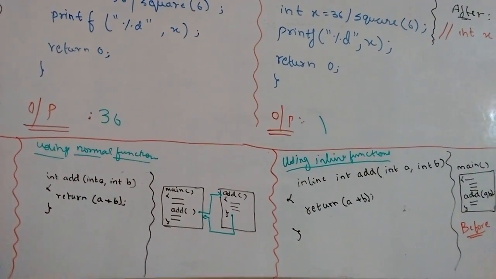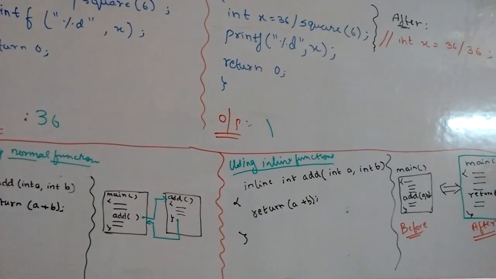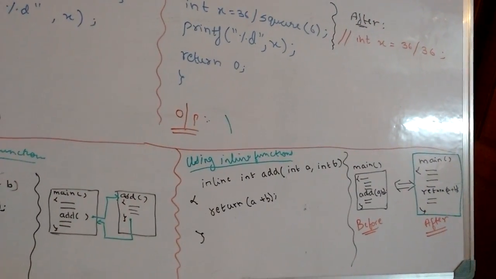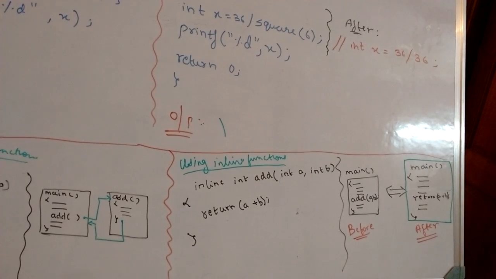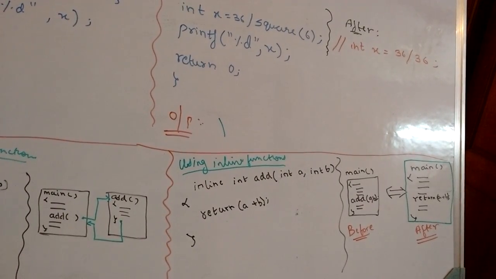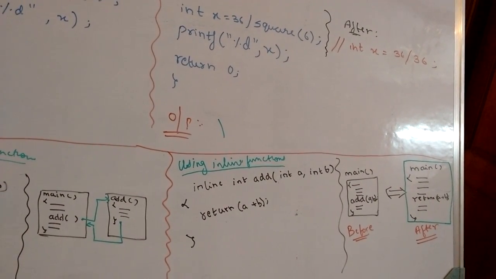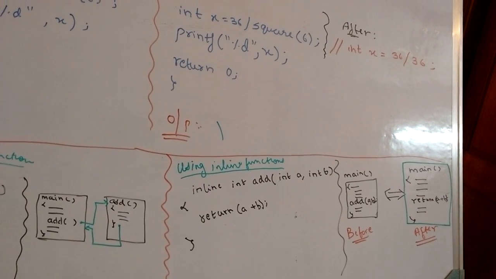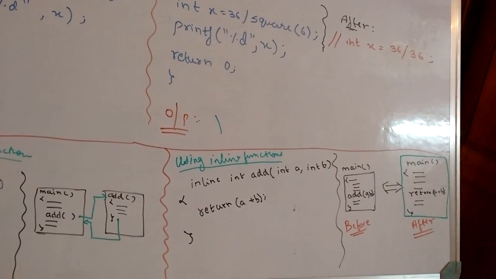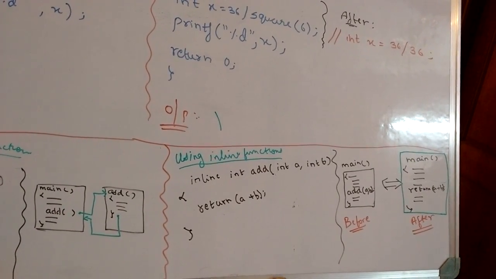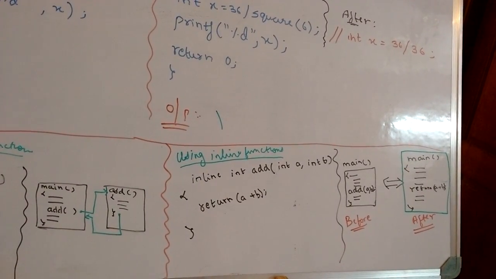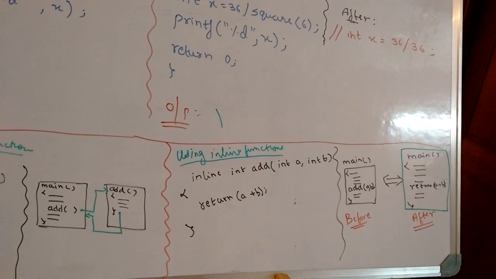Pictorially I have shown it here. Before compilation, it would look like this: various statements are there, and then I have called the add function, which is an inline function. After compilation, the body of add itself is pasted wherever the call was.